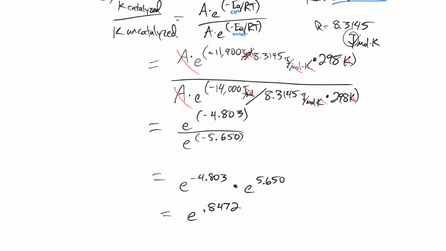In this case, e, the number e, raised to the 8.472 power. And if you punch that into your calculator and round, you get 2.33. That is, the ratio of the rate constants of catalyzed to uncatalyzed is 2.33.